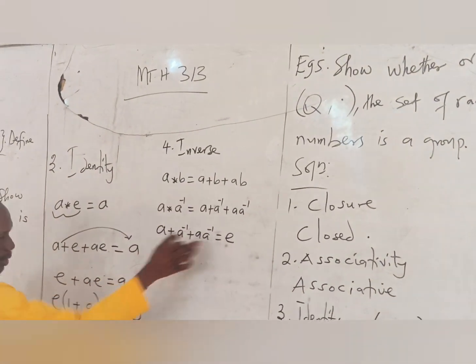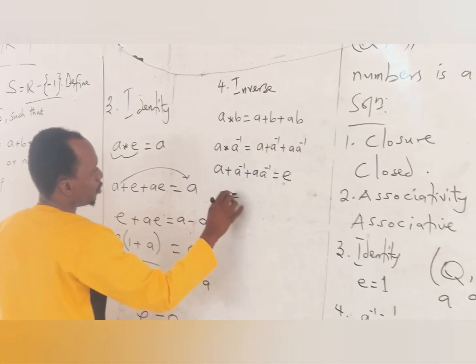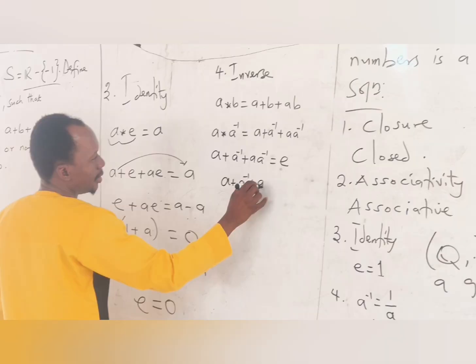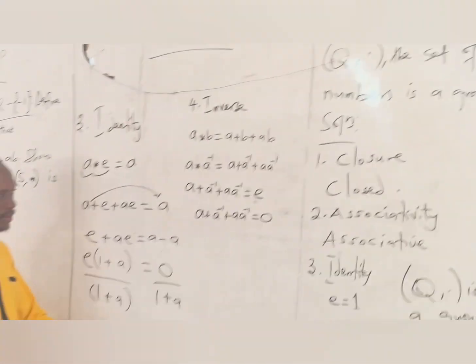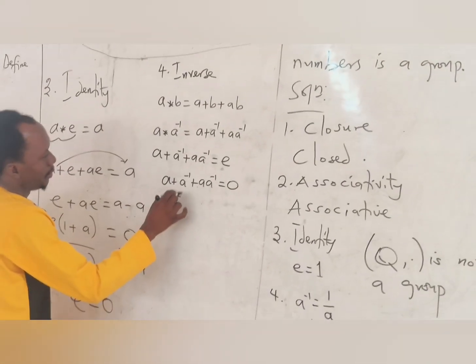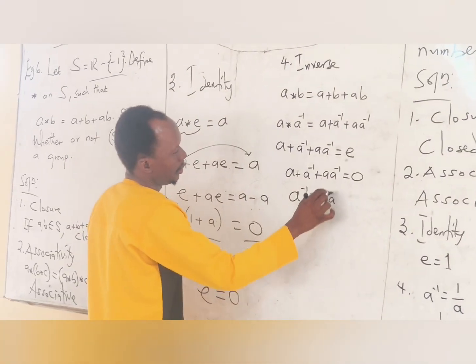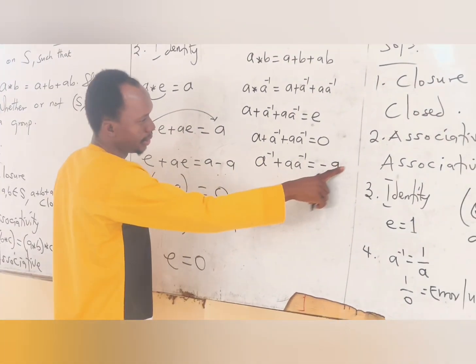So this is where the E comes in. So we have A plus A inverse plus A A inverse is equal to what? We want our E to be what? 0. So if you are finding A inverse, we leave A inverse, and send A across. We get negative A, right?